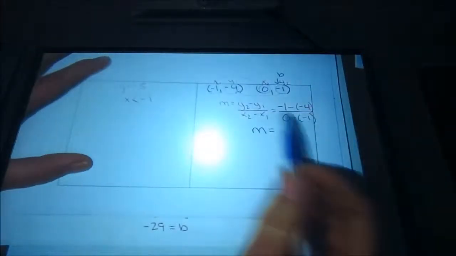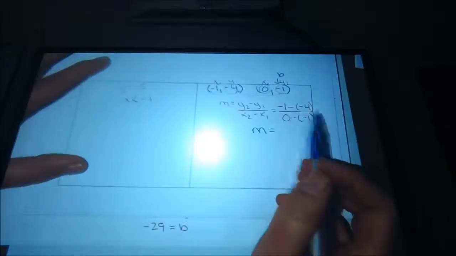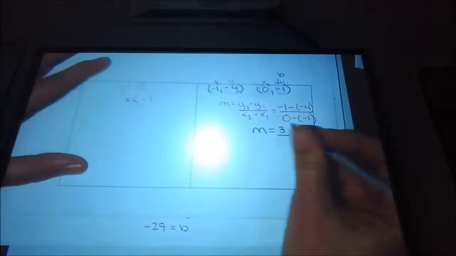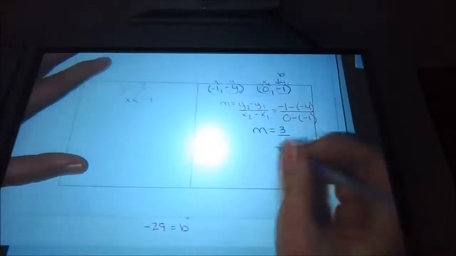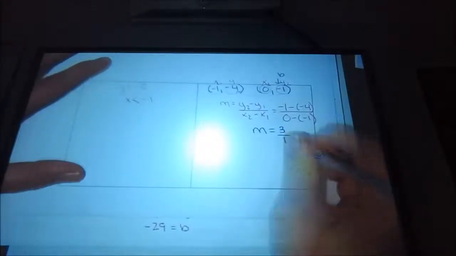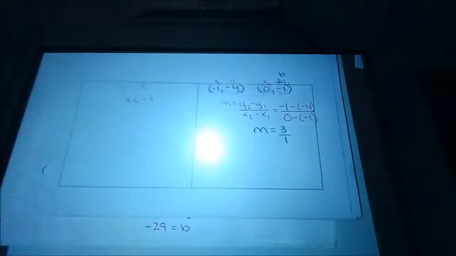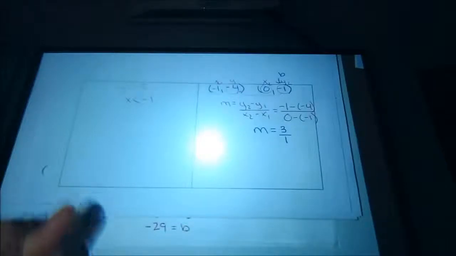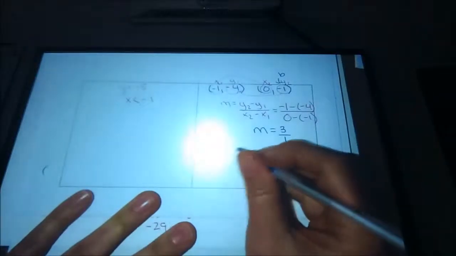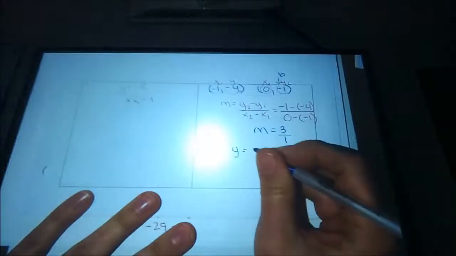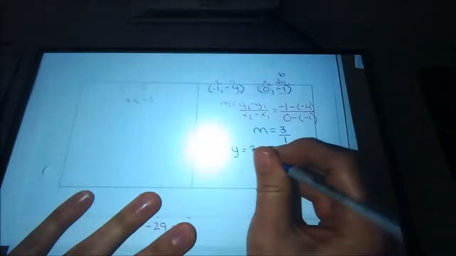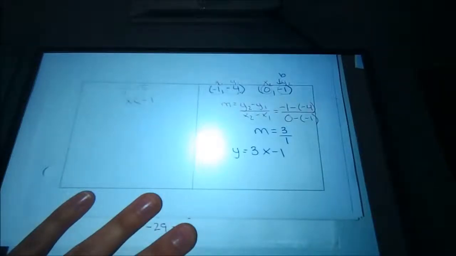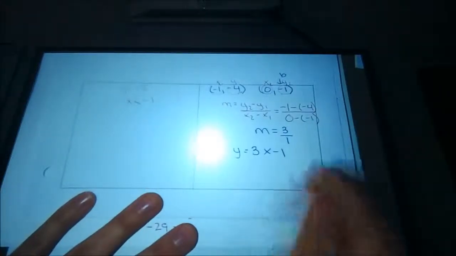Equals -1 subtract -4. Well, that's like +4, so that's going to give me 3. 0 subtract -1 is going to give me 1. So my slope is 3, and I already know that my y-intercept is -1. So what's my line? 3x minus 1. And there's no arrow, which is insane, but there should be one there.